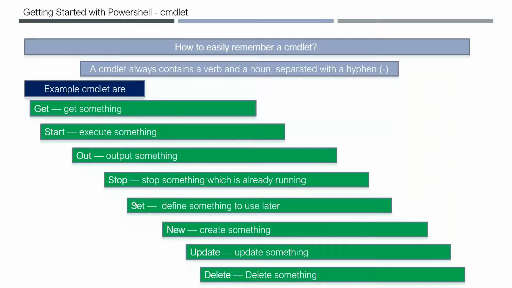If it is starting with Add or New, you are creating something extra. So this is how you can interpret a command. There are some other techniques as well to search for the commands you require. But this is how your command looks like: verb hyphen noun basically. Okay. And these are all the verbs that are there.